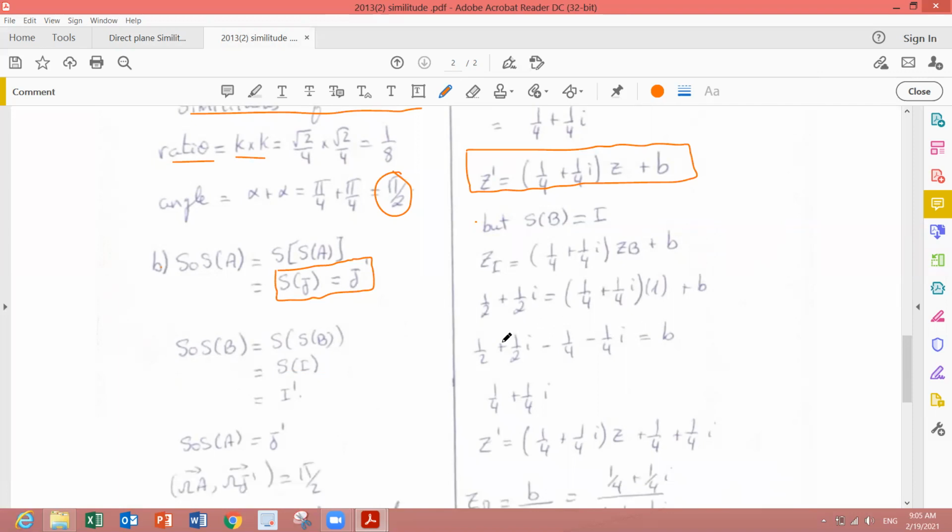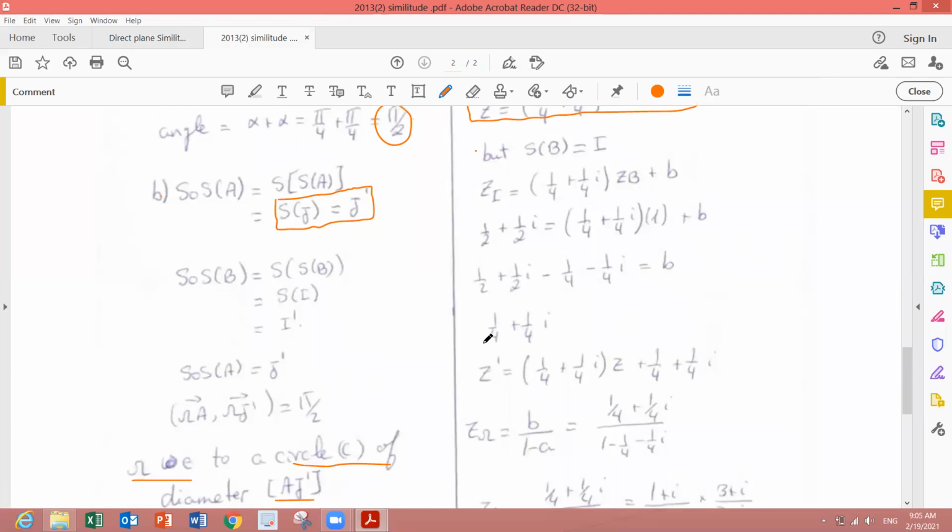So half plus half i minus 1 over 4 minus 1 over 4i equals b. So b equals 1 over 4 plus 1 over 4i. So Z prime equals (1 over 4 plus 1 over 4i) Z plus 1 over 4 plus 1 over 4i.